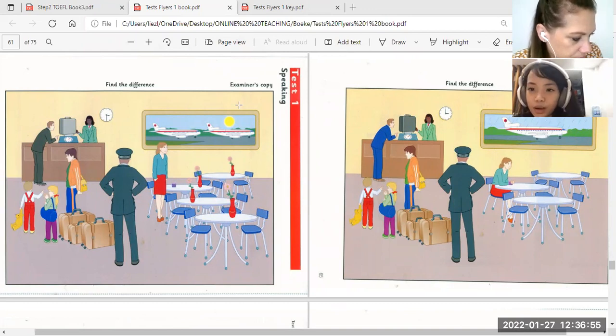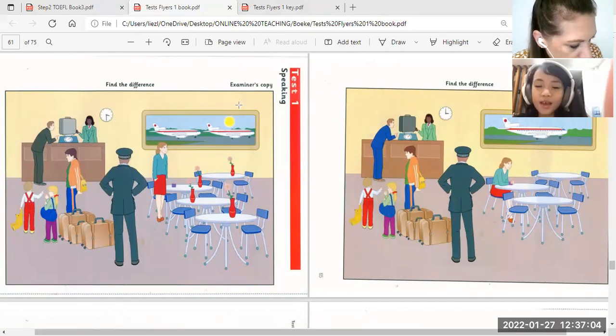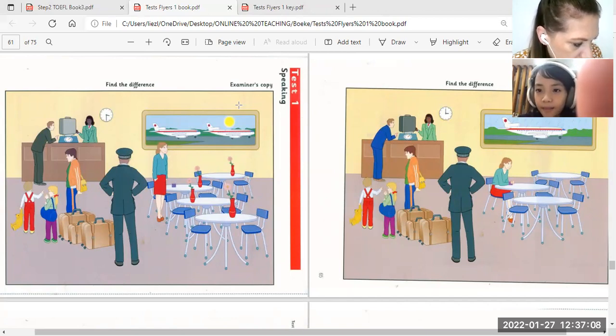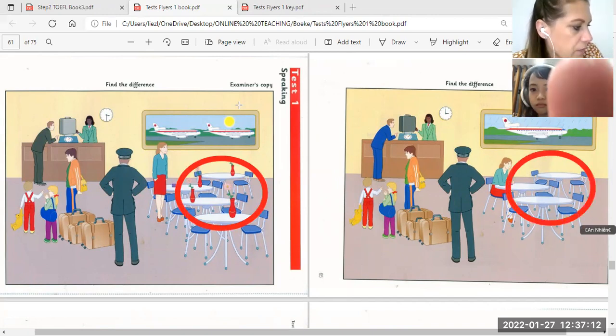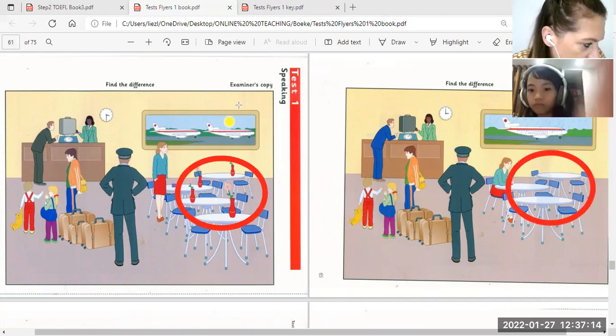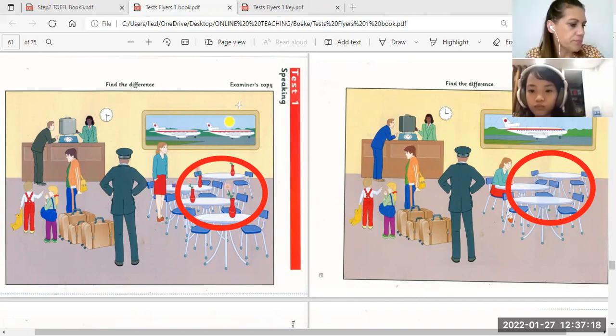In picture 1, not have many flower, but in picture 2 do not have. Okay, so let's say, I just want to write here quickly.